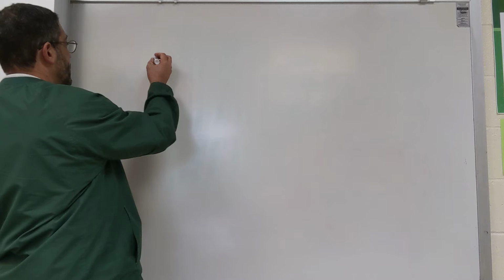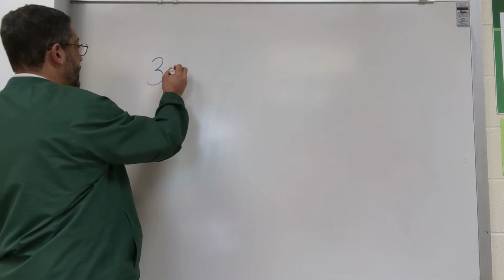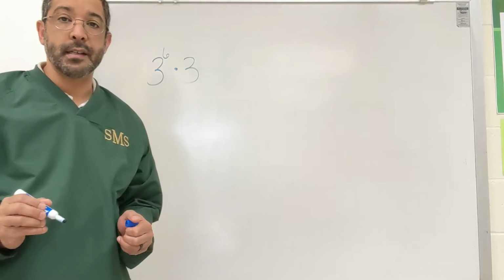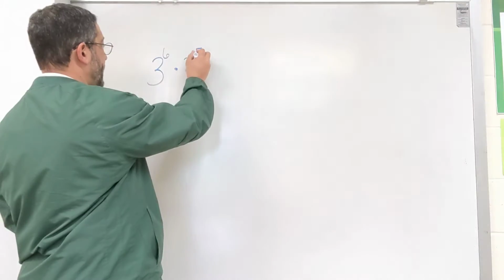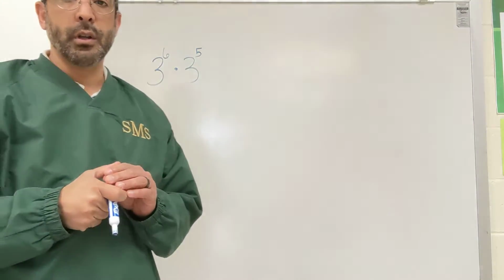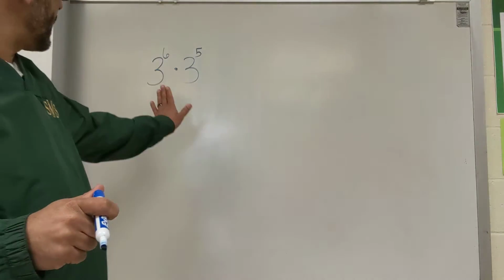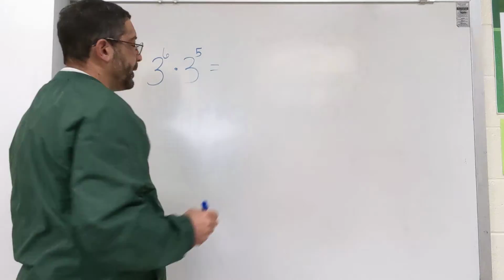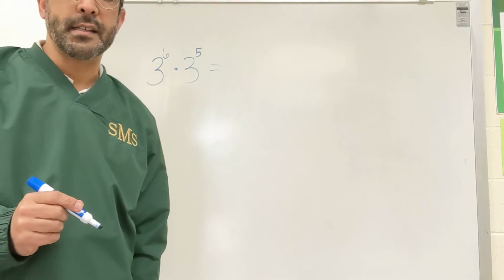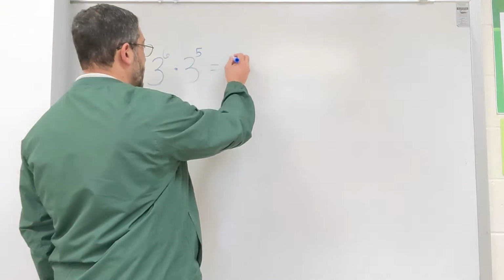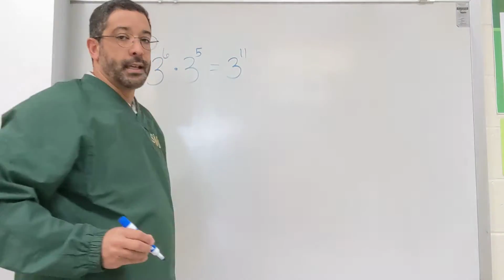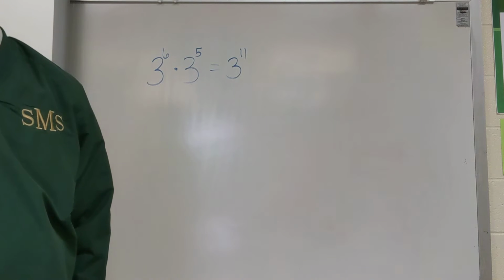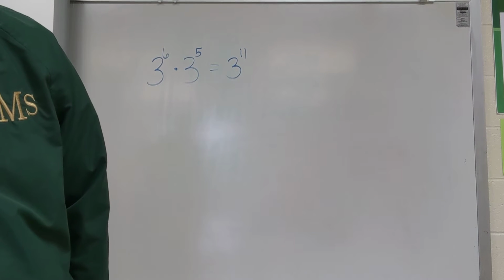So if I have 2 exponents that have the same base, so for example, if I have 3 to the 6th times 3 to the 5th, what my rule or law of exponents says is that I'm going to keep my base and add the exponents. So if I were going to simplify this, 3 to the 6th times 3 to the 5th is going to equal 3 to the 11th.